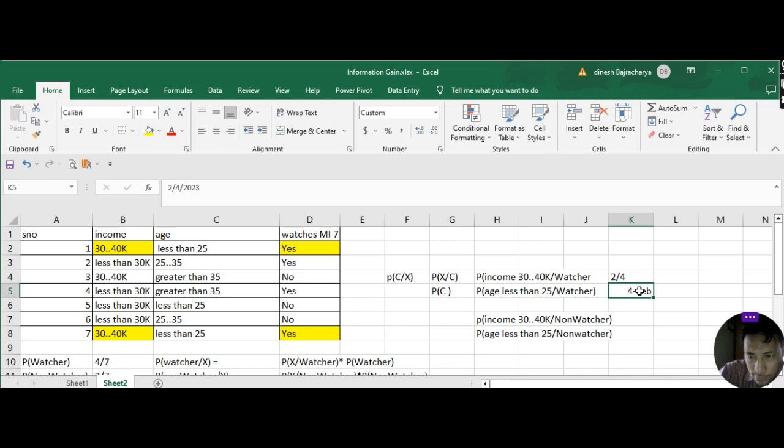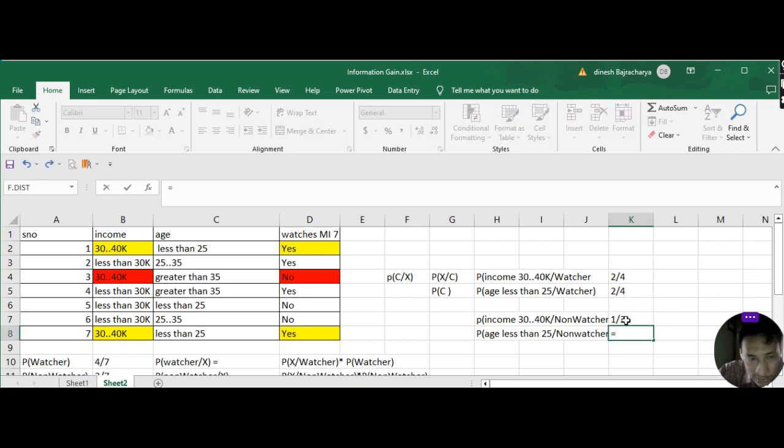Similarly, we have to calculate for non-watcher. In the case of the non-watcher, how many have income 30 to 40k? There is only one record. Let's make it red. The number of non-watchers is 3, so it should be 1 by 3.